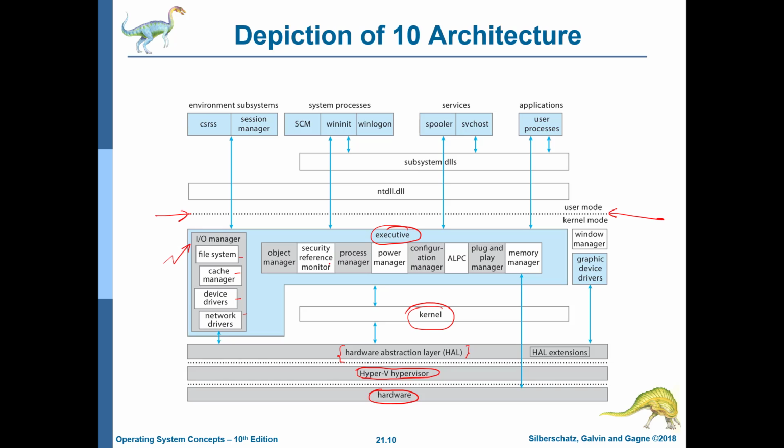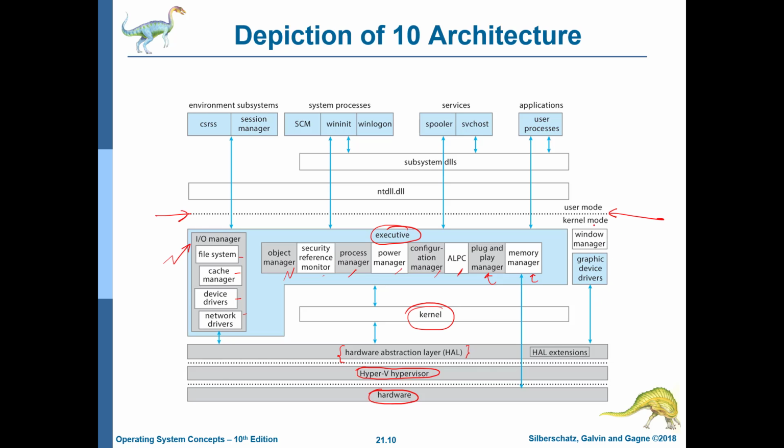Then we have other parts of the executive to manage objects, security, processes, power, configurations, local procedure calls, where of course the kernel provides some support, plug and play devices, and memory. All of these are features which rely on the kernel but are not part of the core kernel, at least the way Windows views it. And that is why they are a part of this unit called the executive.